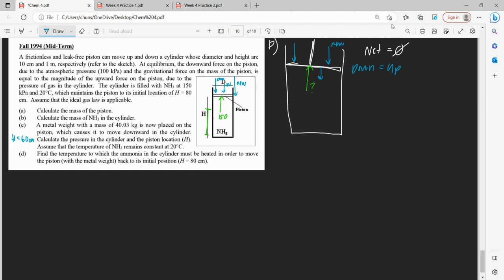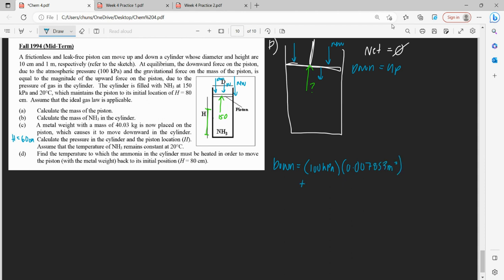So, this is our downward force. This is equal to our 100 kilopascals for our atmospheric pressure times our area, which I believe was, where is it? Okay, 0.7853 meters squared.